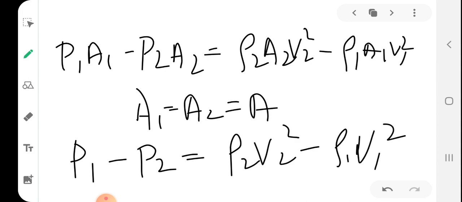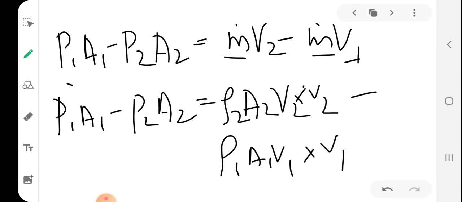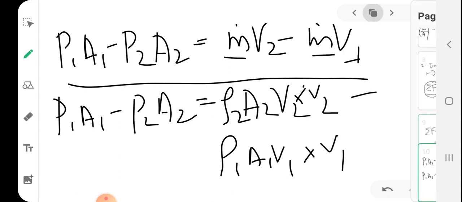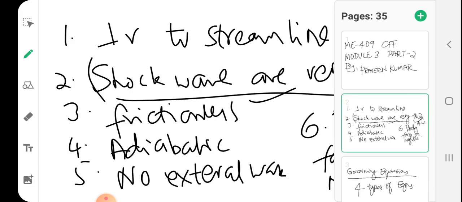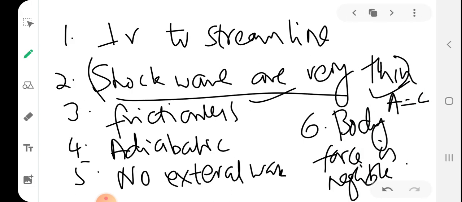So students, you have to note a particular point here. I am writing this equation like this since we have studied in the general characteristics that there is no friction, which means there is no shear force, and there is no body force.